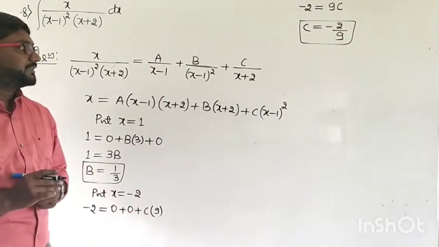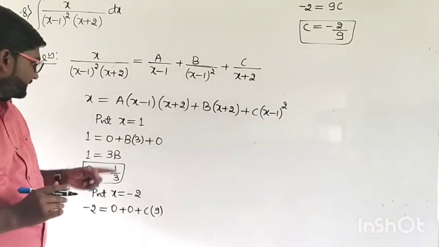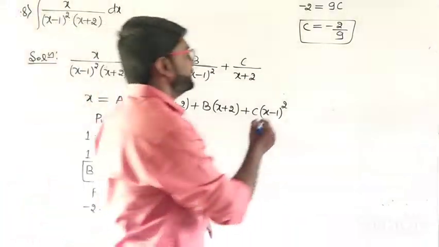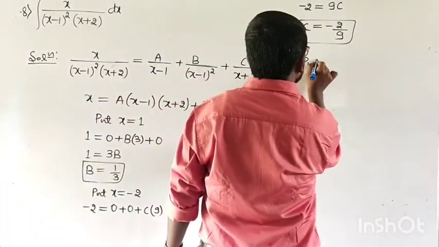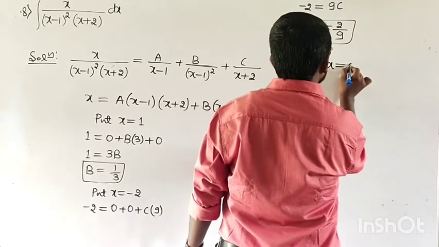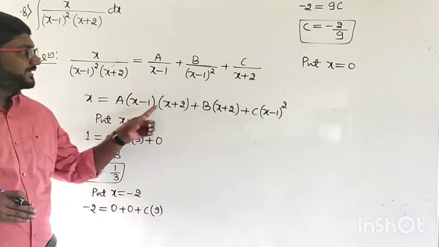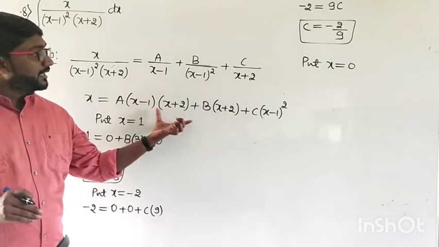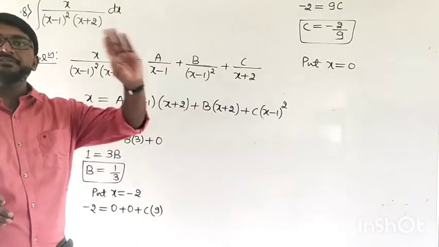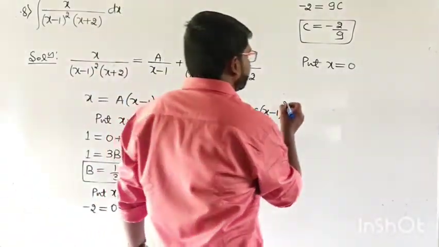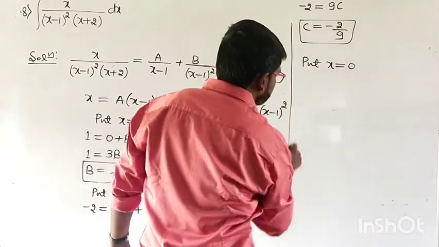Next we have to go for the value of a. So for that, put x equal to 0 here. We have substituted x as 1 and x as minus 2. So in the last case we have to always go for x equal to 0. So the left hand side becomes 0.